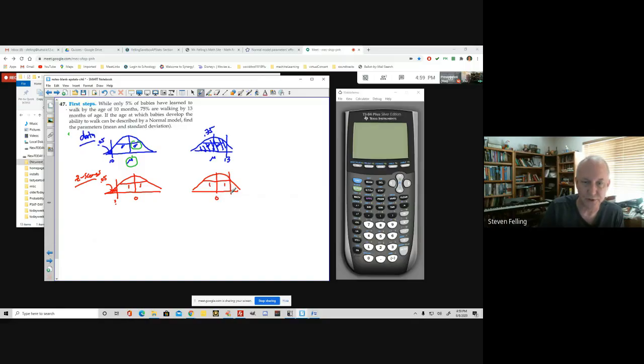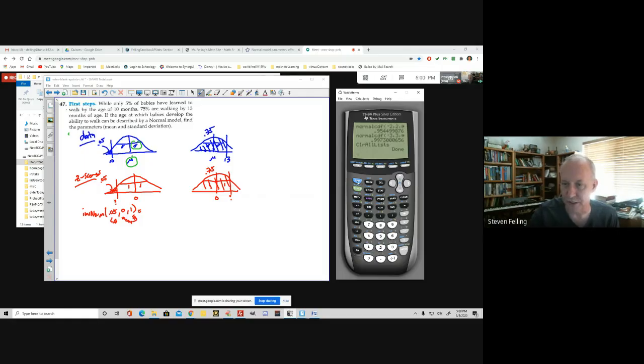There's a boundary here where 75% of the babies are, and there's some boundary here. So over here, I'm going to use inverse norm. If I wrote inverse norm, the area to the left is 5% with 0 and 1, as I'm going to abbreviate this: left area, mean, and standard deviation. I'm going to use a calculator.